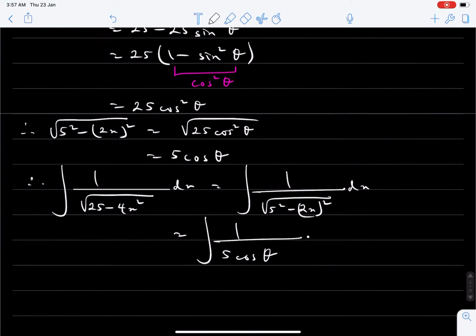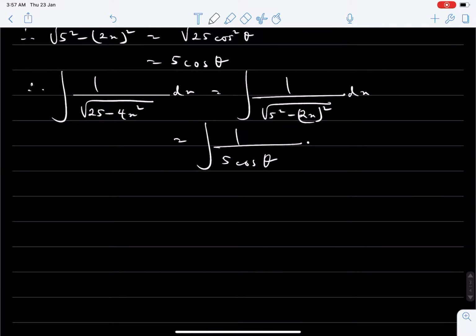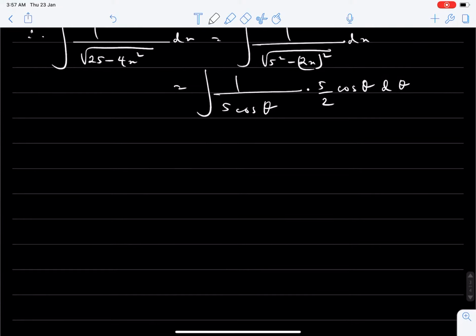So that's what I'm writing here: 5 over 2 cos theta d theta. And 5 cos theta d theta cancels 5 cos theta d theta.